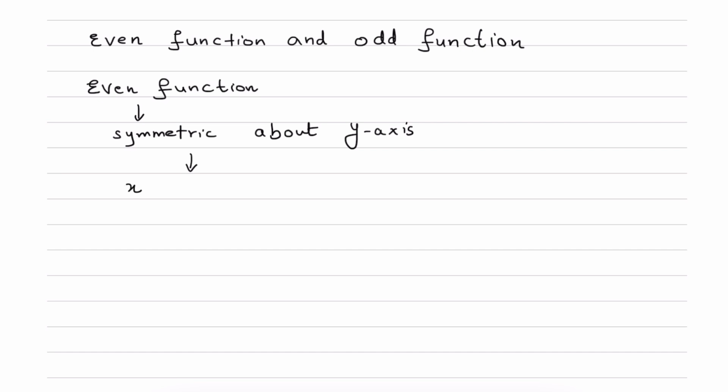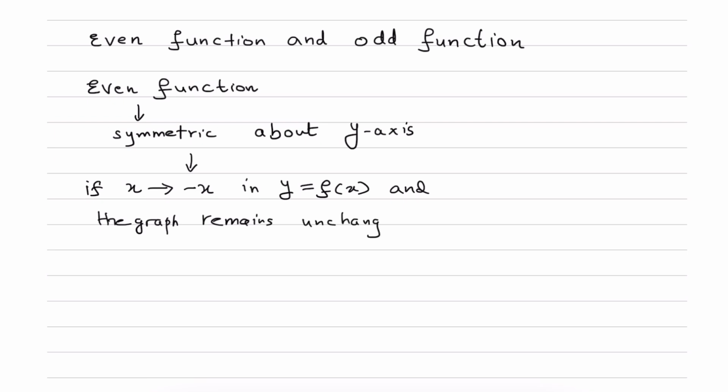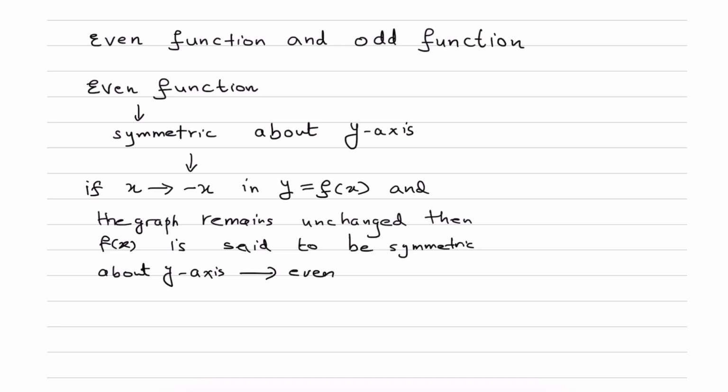If x is replaced with minus x in the graph, and the graph remains unchanged, then f of x is said to be symmetric about y-axis, and if it is symmetric about y-axis, we will call it an even function.